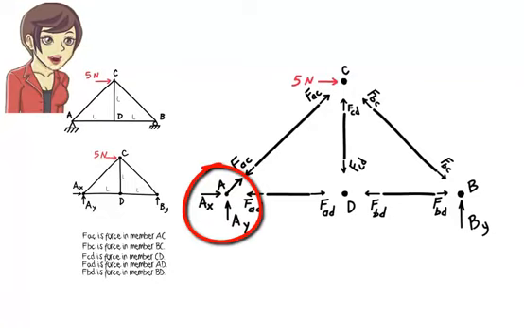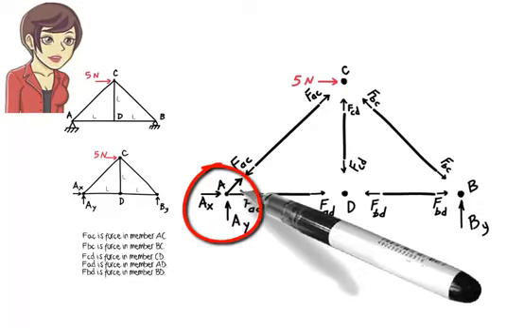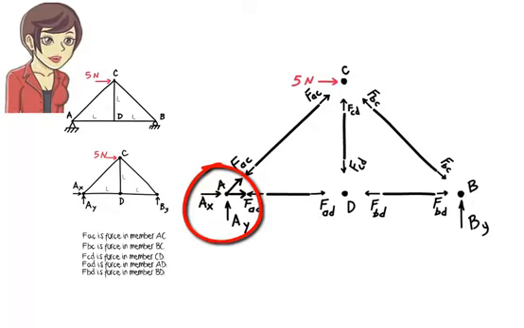Obviously, this happens only when the two forces are kept in opposite directions so that they cancel each other out. There is one more member force acting on the joint, the force in member AD. Again, we place this force at joint A in a direction opposite to how the force is acting on member AD.